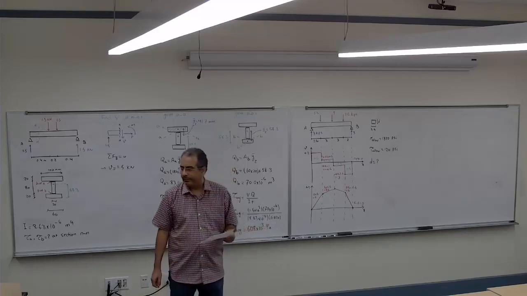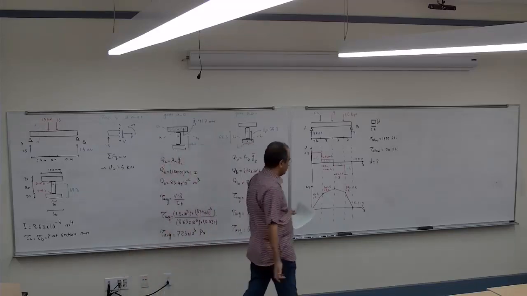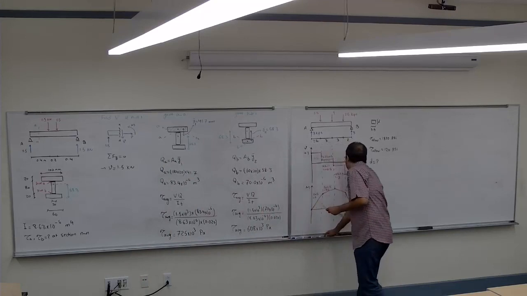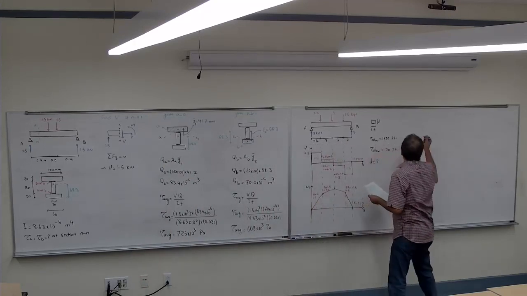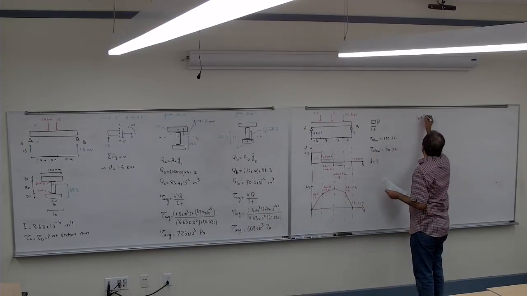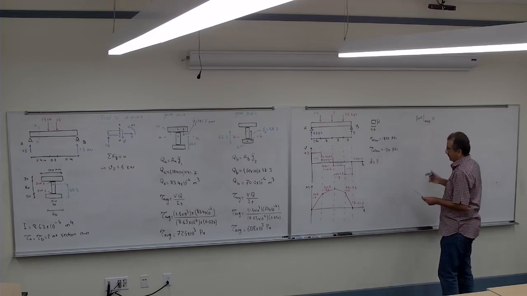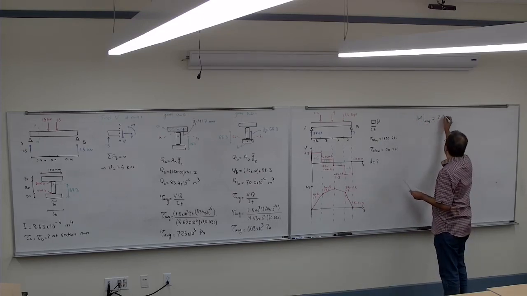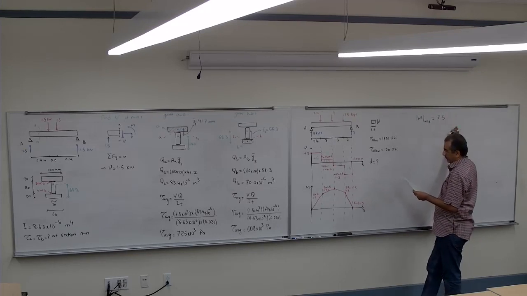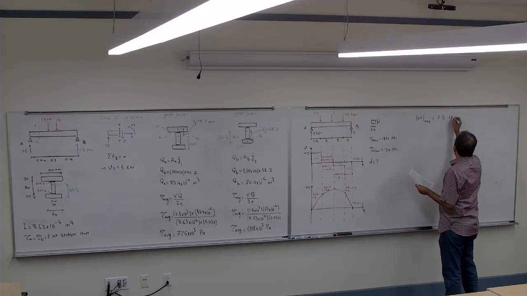Agree? So now I know what I need to know. What's the maximum M? 7.5 kip-feet.